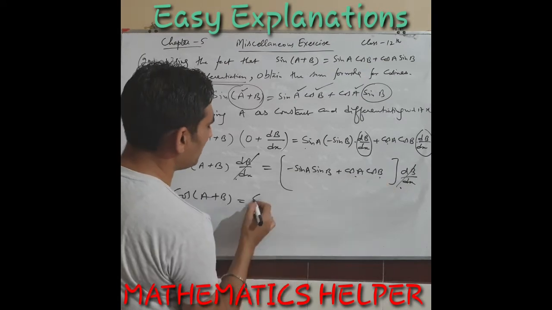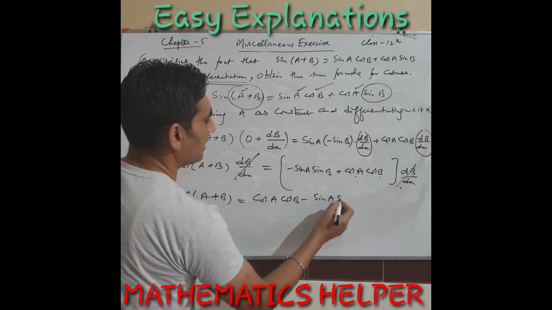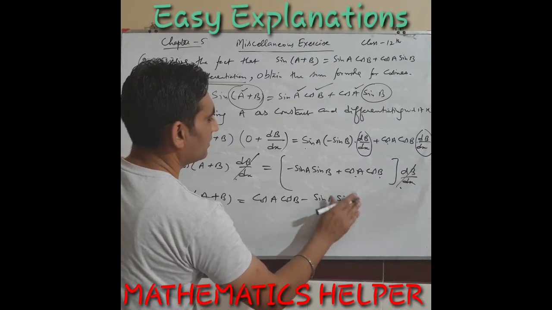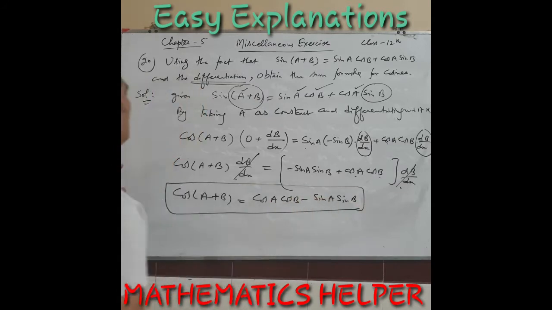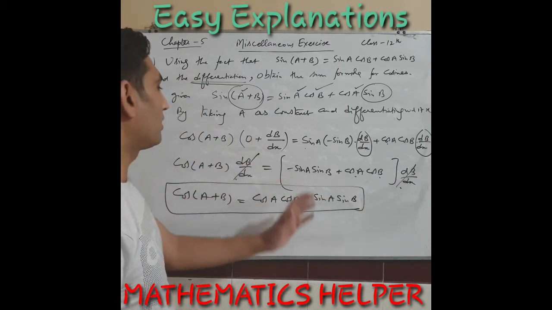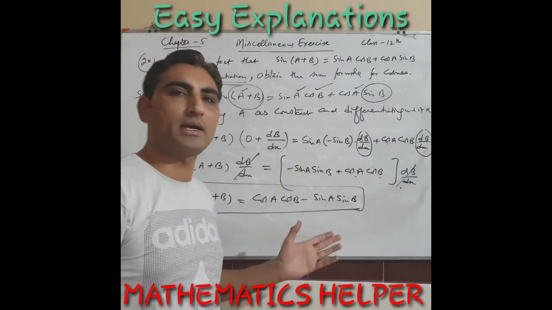Cos a cos b minus sin a sin b. It is a required answer of question number 20. Try to remember, and you can derive other formulas also by using the same method.